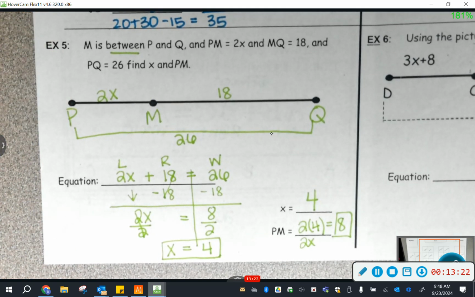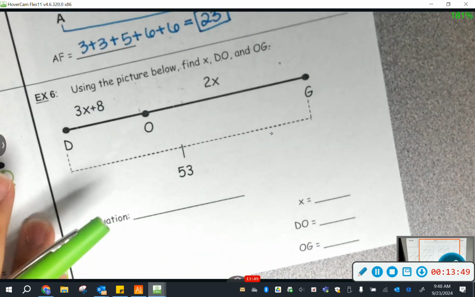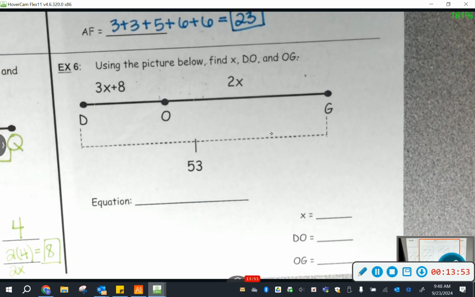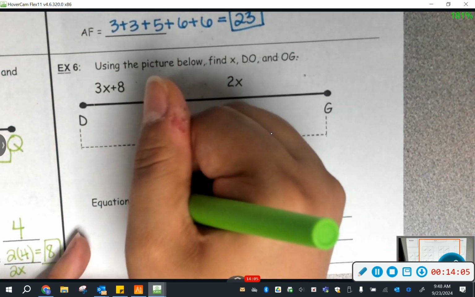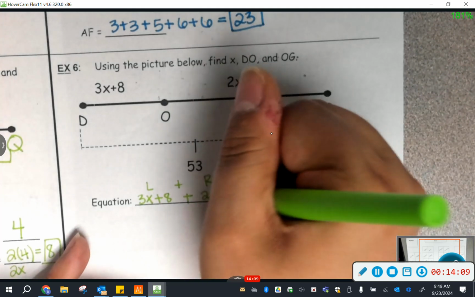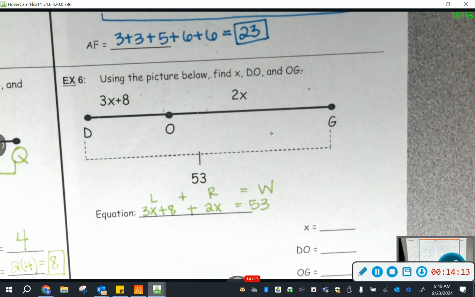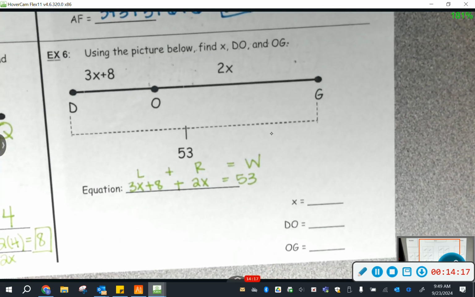I want you to do example 6. Go. Left plus right equals whole. Look up to make sure your equation's right.